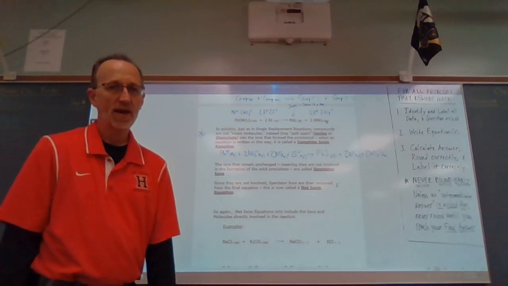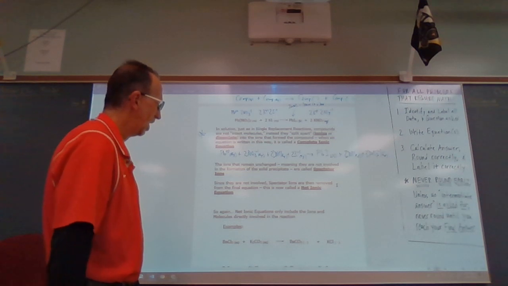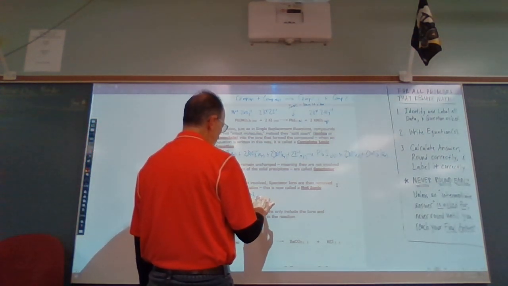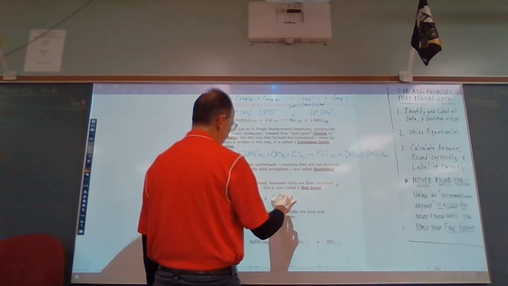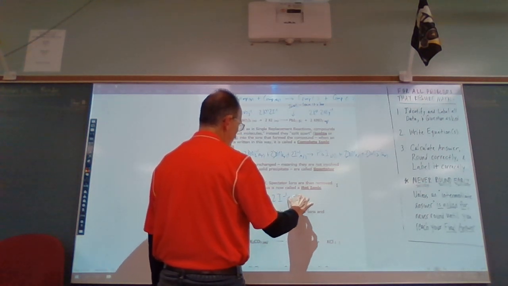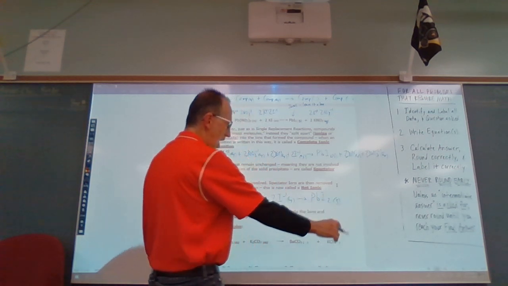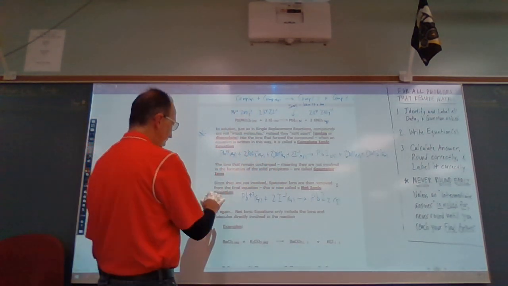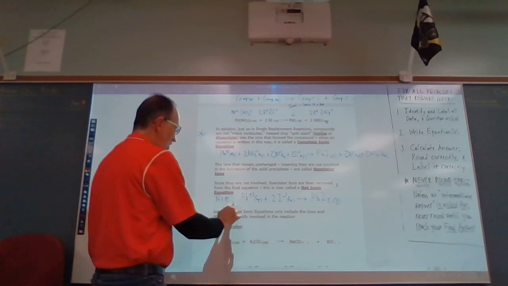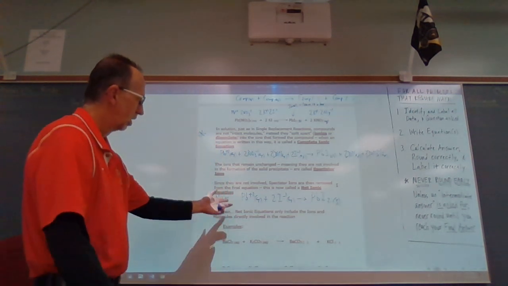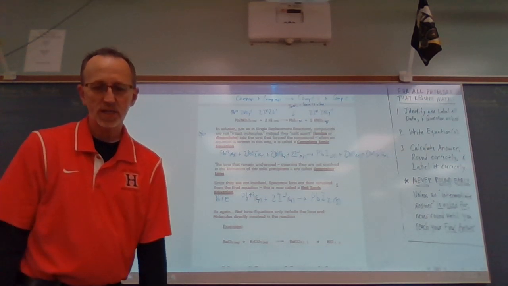The rest have changed. And so our net ionic equation then is Pb plus 2 AQ plus 2I minus 1 AQ yields PbI2 solid. That then is our net ionic equation. All right. So basically, what does the net ionic equation represent?